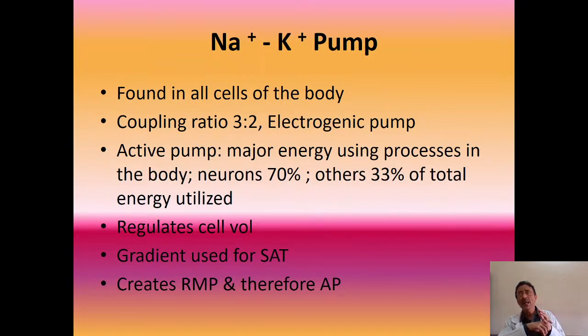So all of these will have electronegativity inside, and this electronegativity is maintained because of the influx of sodium ions. Whenever there is some stimulus given, or an action potential is generated, this electronegativity is disturbed. To bring that electronegativity back to normal, the sodium potassium pump helps. It helps to restore the sodium and the potassium ions back to normal.